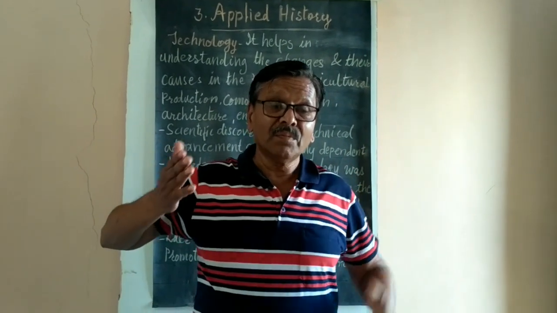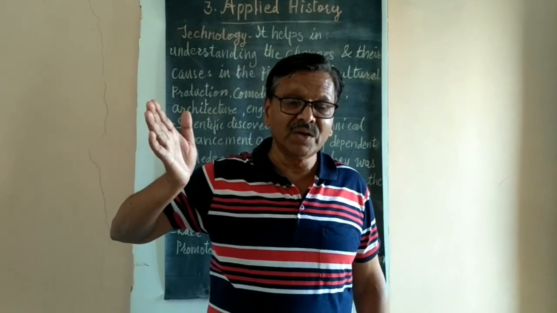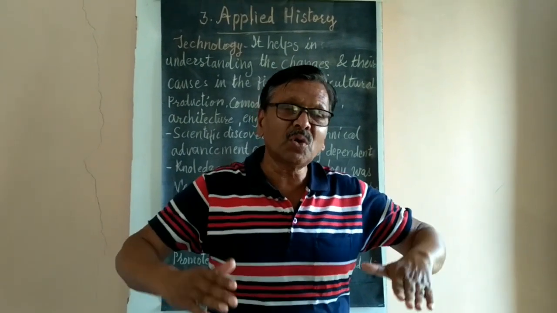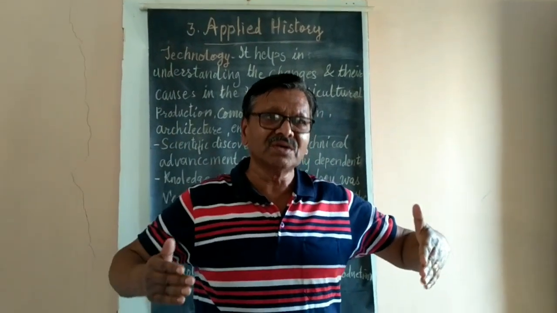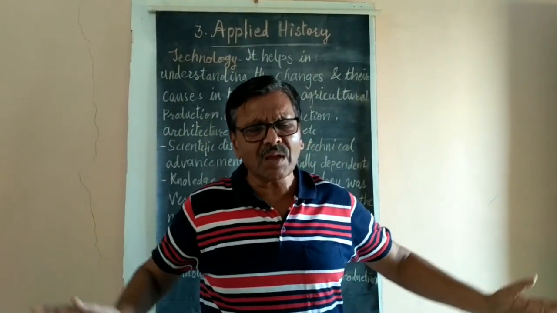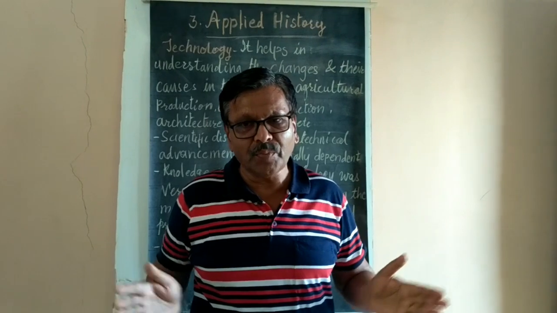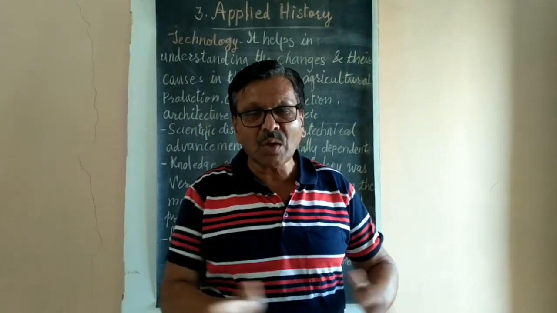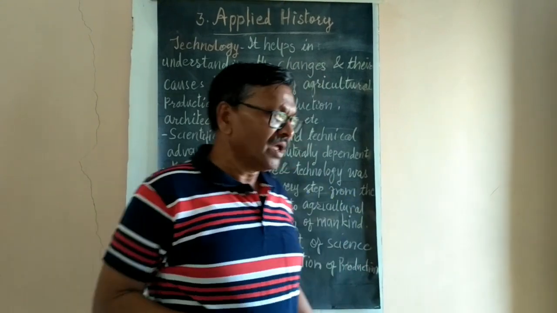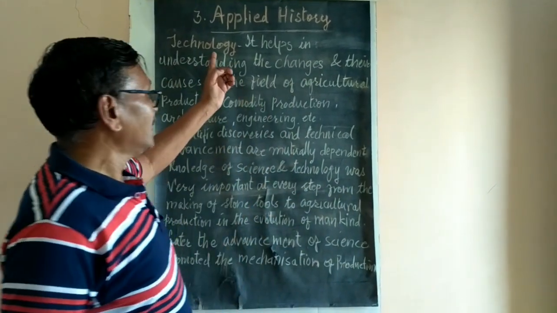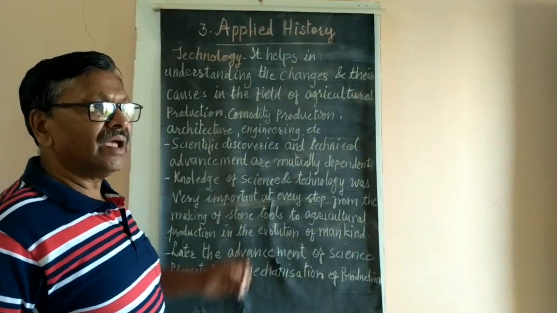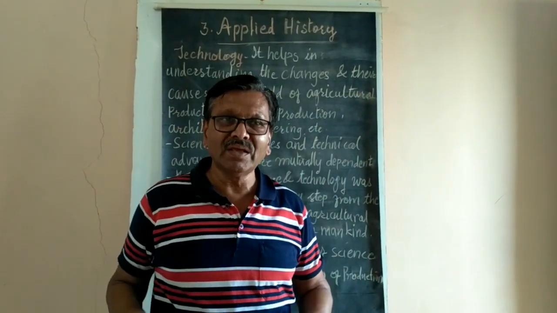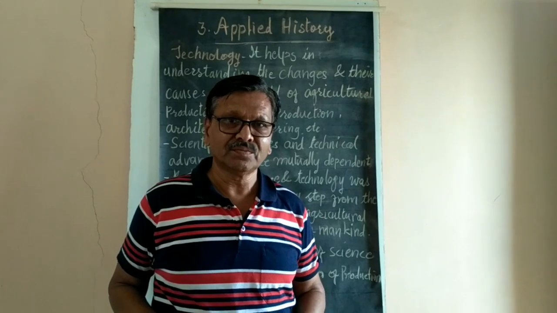Still further, electricity was invented, and with the help of electricity the production went still faster. A large amount of production was possible within a shorter time, and therefore the needs of the people were fulfilled. In this way, technology helps in the applied history to increase production.